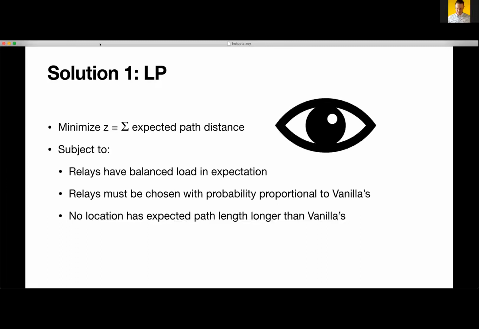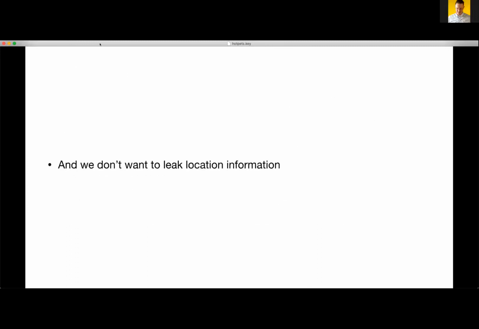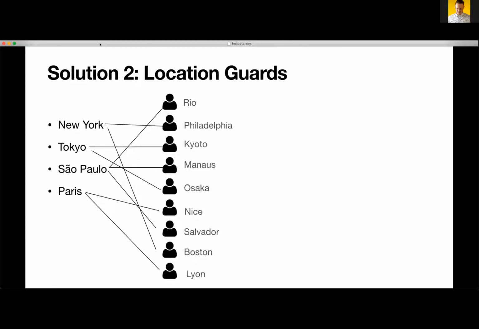And if you squint at this again, you might realize that I left out one constraint, and that is we don't really want to leak location information either. And that's trickier to capture in the framework of an LP, it turns out, or we didn't think of a great way to do that. So we introduced the second idea, which is the idea of a location guard. And really, I think what it boils down to is that you just coarsen the number of potential locations that the clients could come from.